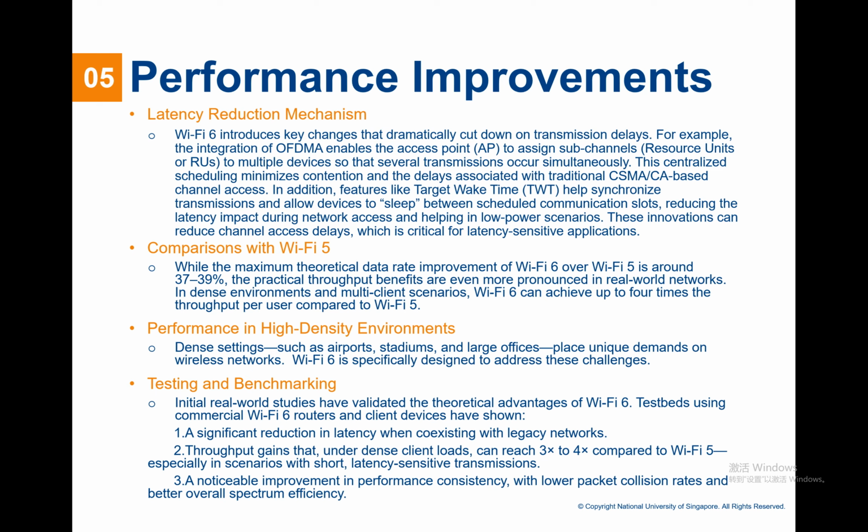For comparisons with Wi-Fi 5, the maximum theoretical data rate improvement of Wi-Fi 6 over Wi-Fi 5 is around 37 to 39%. The practical throughput benefits are even more pronounced in real-world networks.